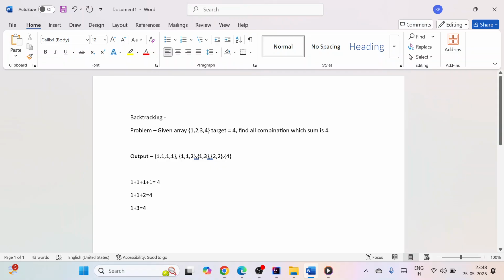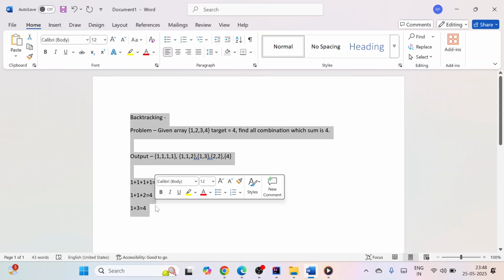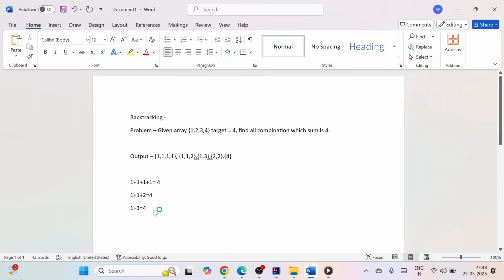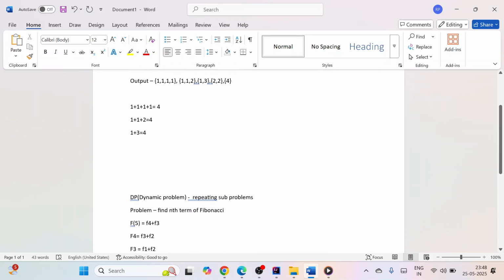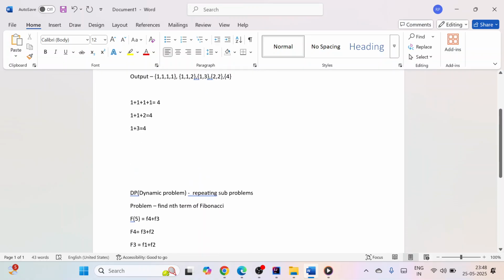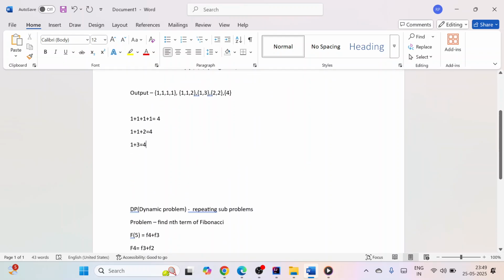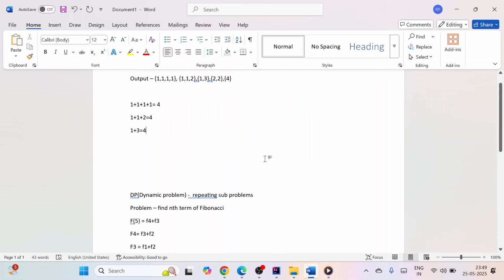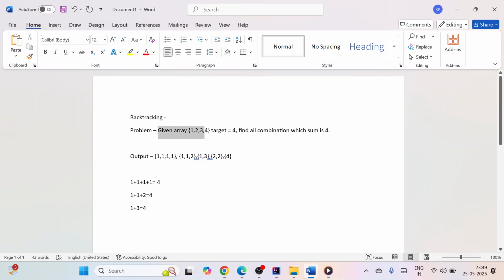We'll make the program for this in our next video, but this video is to make the difference: when to choose backtracking and when to choose DP, dynamic programming, to solve our problems. Let's come to the DP. Can we use the DP in this problem?